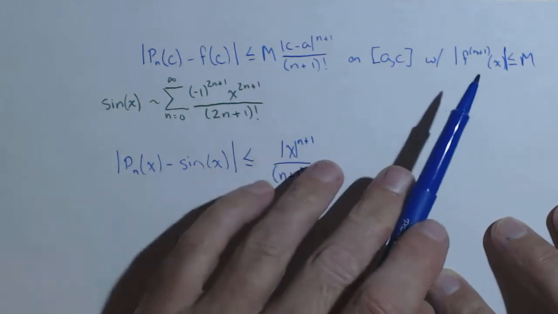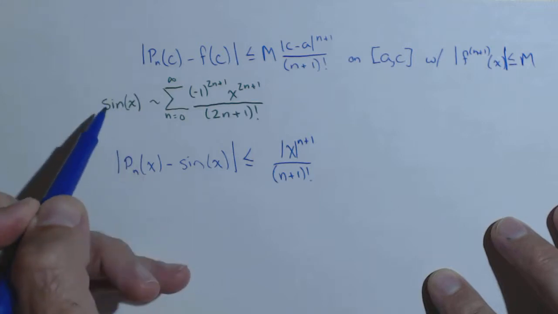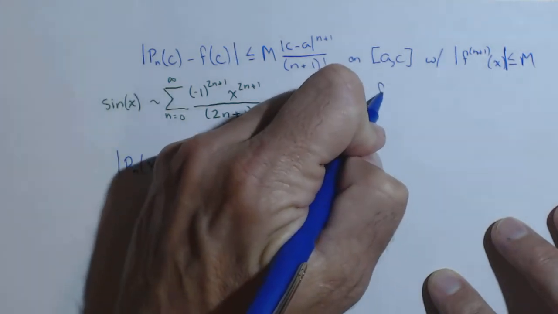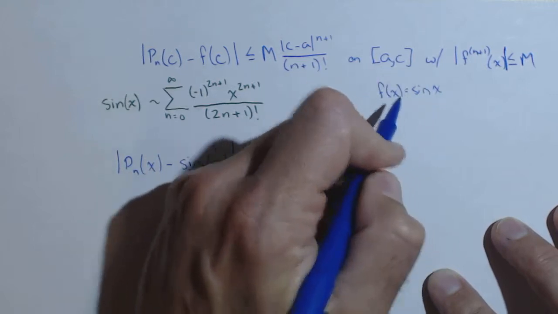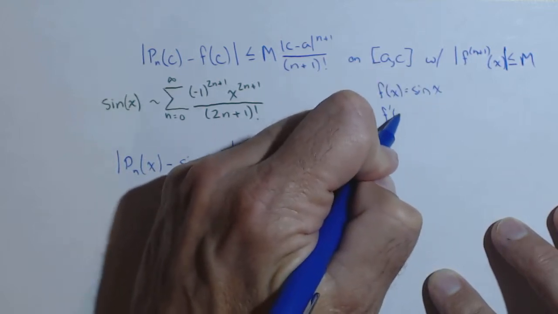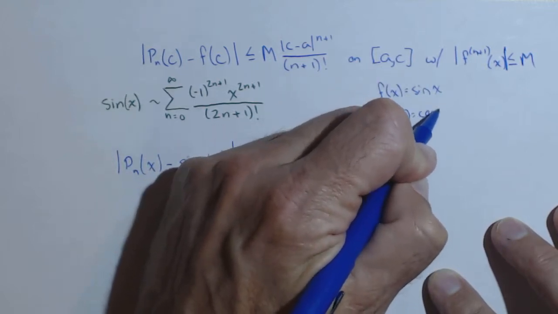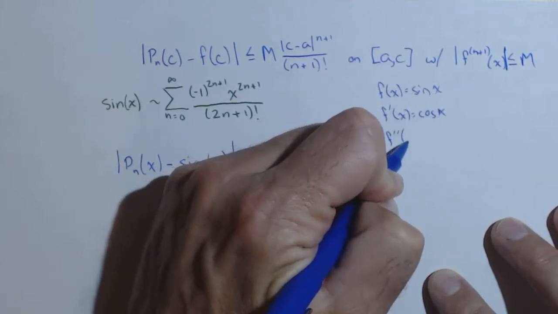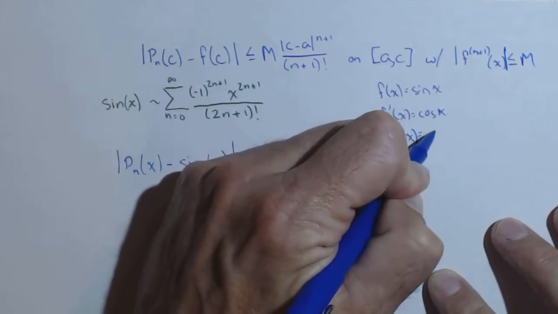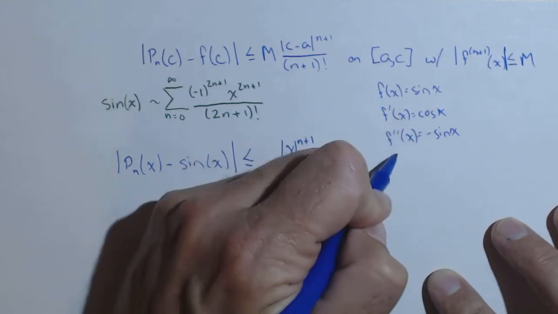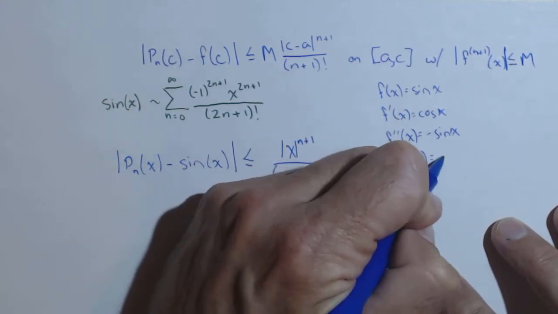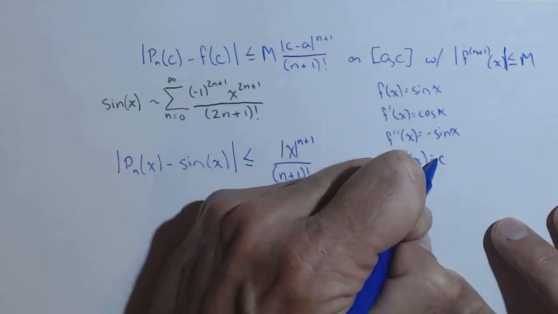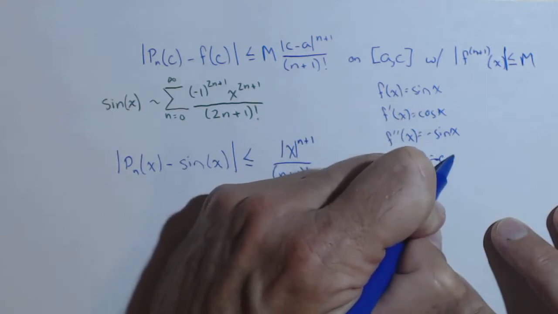Well, M is the maximum of the n plus first derivative. Well, if our function is sine x, the derivative is cosine x, the second derivative is negative sine x, the third derivative is negative cosine x.